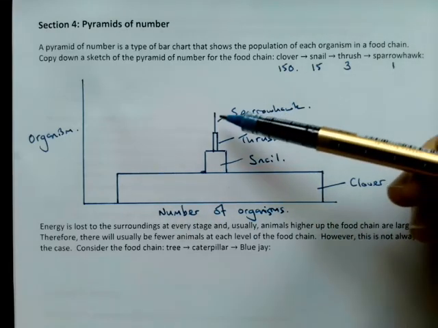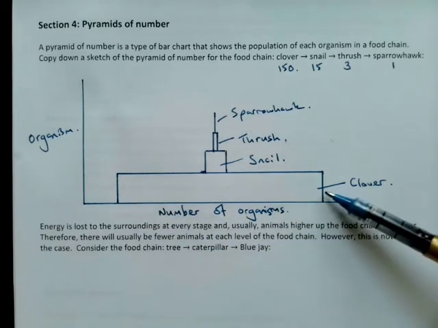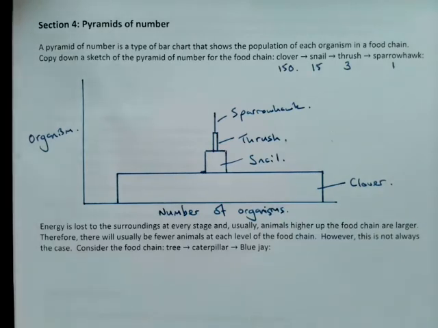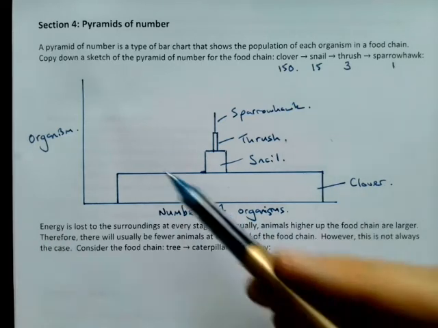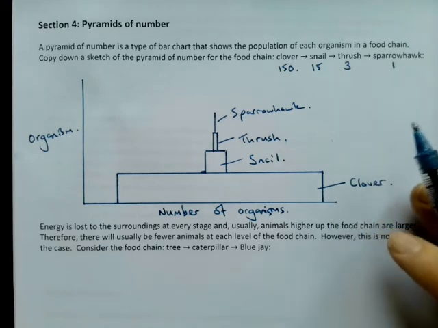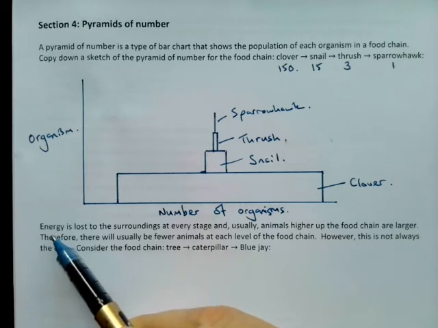So in order for this one sparrowhawk to survive, you need this much clover to pass up through the food chain. So if we carry on now, you'll probably need to pause it now and make a nice neat copy of that in your book or on the piece of paper. Okay. And once you've done that, we'll carry on.